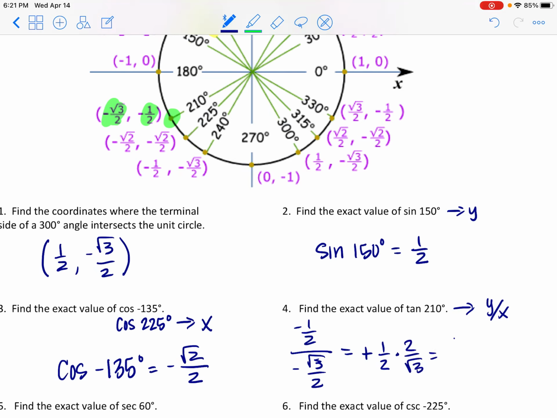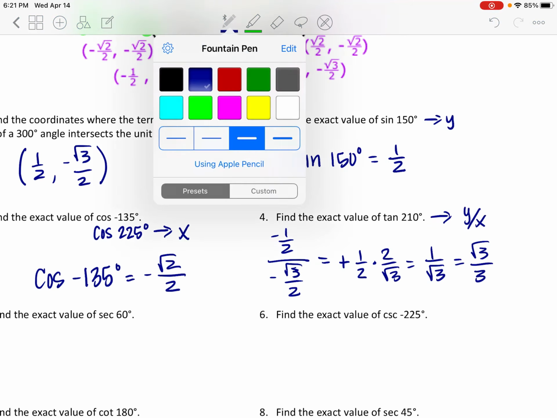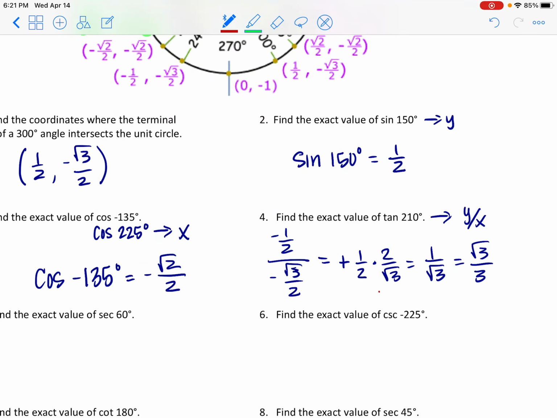And so we end up with 1 over radical 3, but that's rationalized and becomes radical 3 over 3. And so the tangent of 210 degrees is going to be exactly radical 3 over 3.